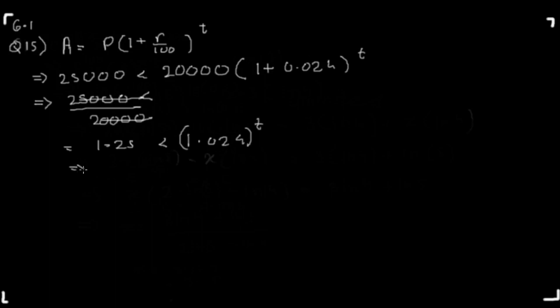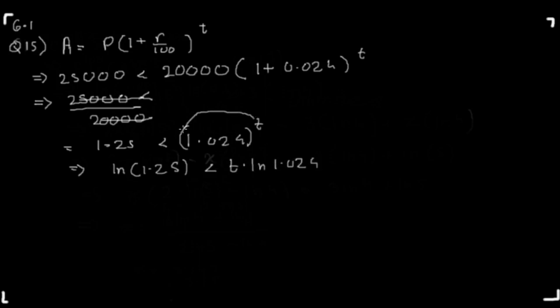So now what I want to do is find t, because t is the main subject. I want to make t the subject. So like we did in question 14 and other questions, we can find ln 1.25, and this is t times ln 1.024.